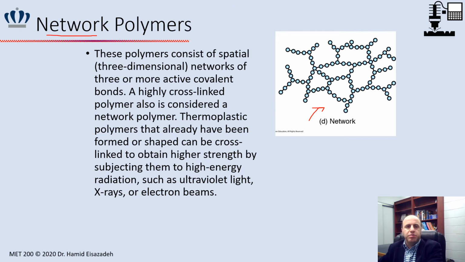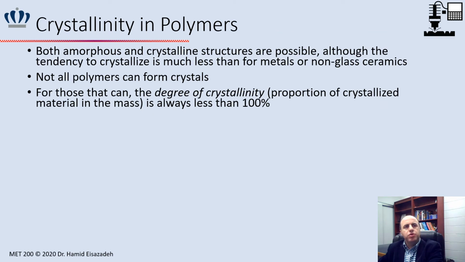This process can be done by subjecting the thermoplastic to high energy radiation, such as ultraviolet, UV light, or X-ray or electron beam. It is possible to have crystallinity in polymers.